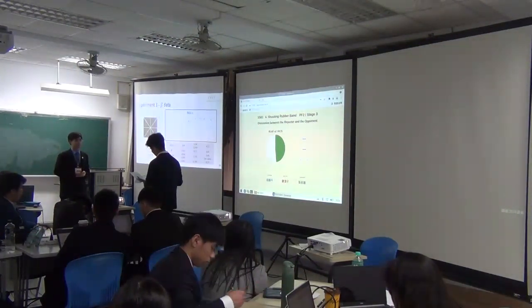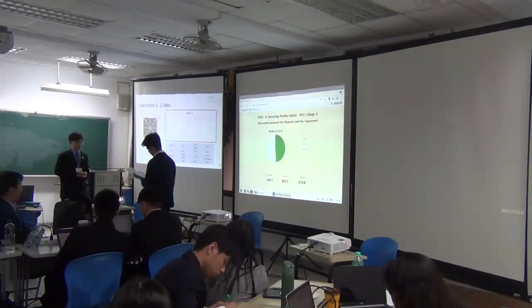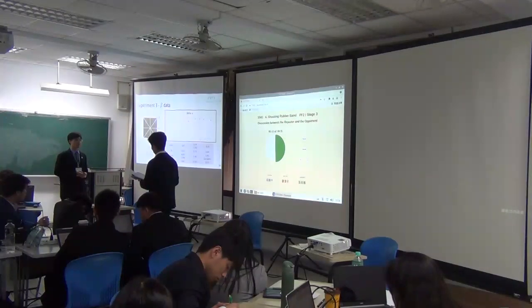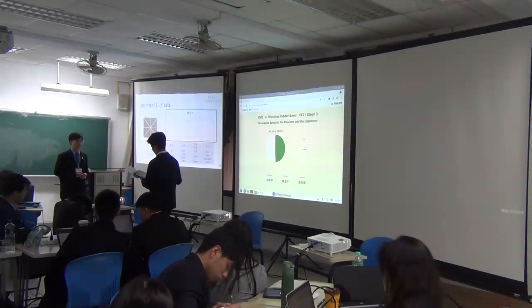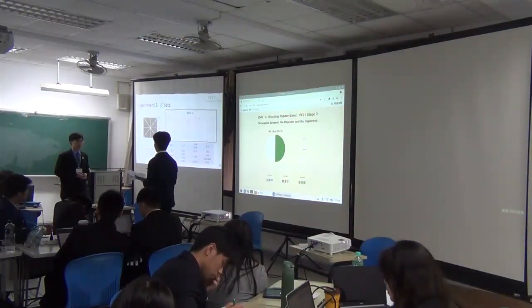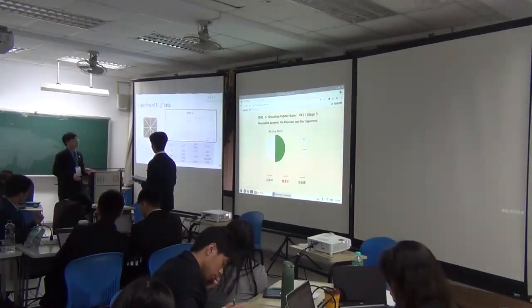Okay. Another question is, do you think that the spinning of the rubber band can affect the stability of the rubber band while flying through air? Yeah, that's a great question.